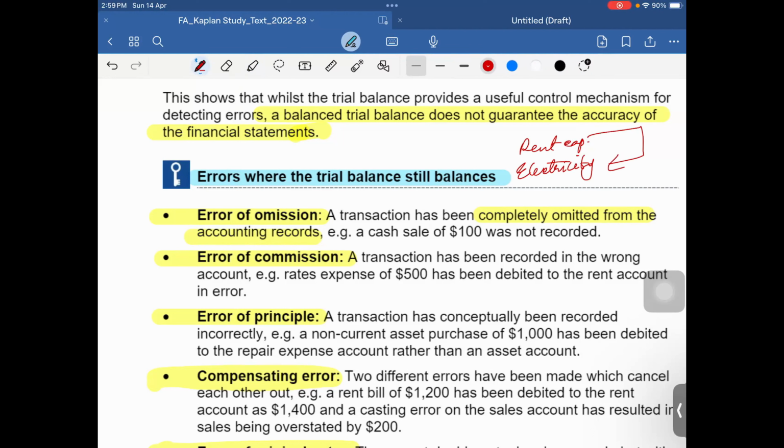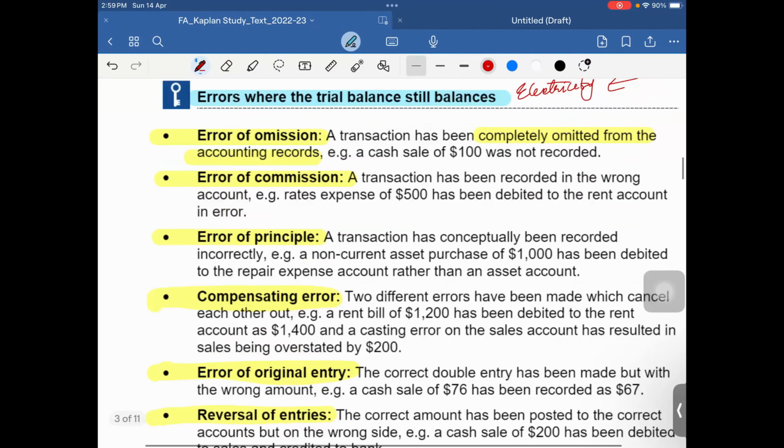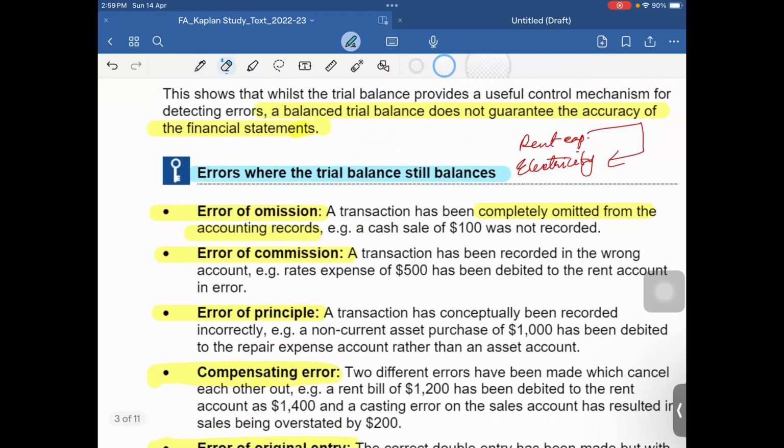That means you have committed an error, and that is an error of commission, because even if you have done that, your trial balance is going to tally, since in both scenarios it is going to be debited on the debit side. But the error is just that instead of debiting electricity, it should have been debited to rent expense.